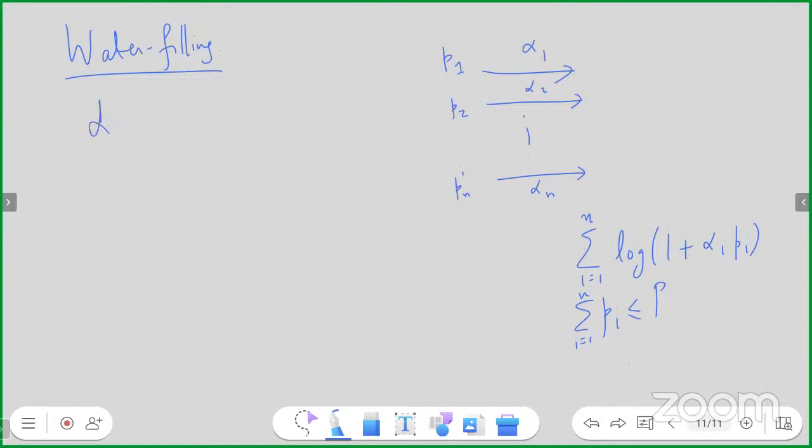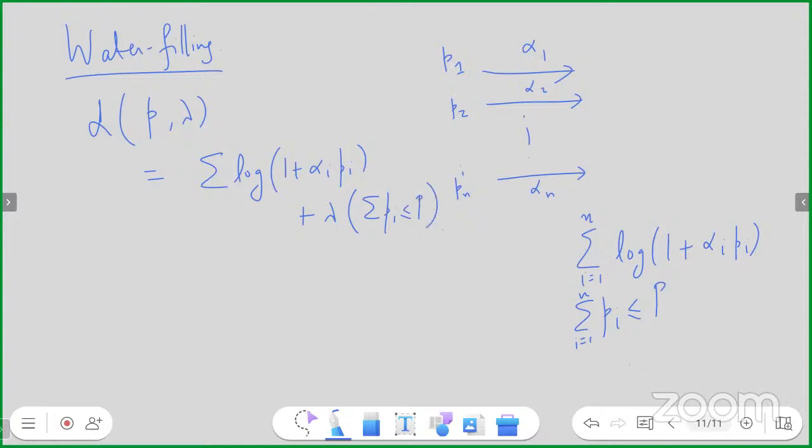So let's write L of the vector p comma lambda, which is simply summation log of 1 plus alpha i p_i plus lambda times summation p_i. All right. Now take the derivative of L with respect to each p_i. What would be the resulting answers? Minus. Yeah.